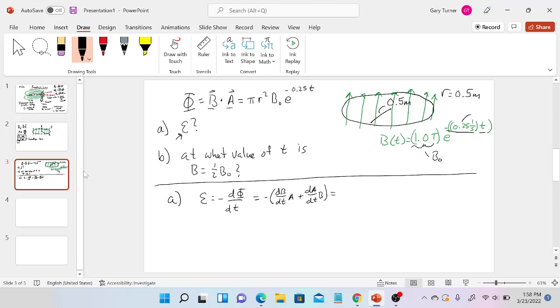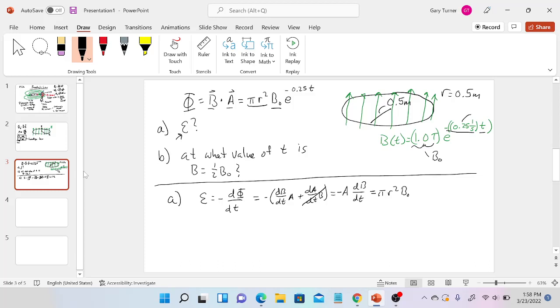But if my area is not changing, then this part goes away, and this is just going to be A times dB dt with the negative sign. And A, we said, is pi r squared. B naught is just a constant.